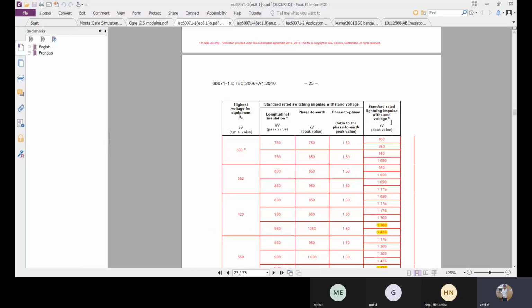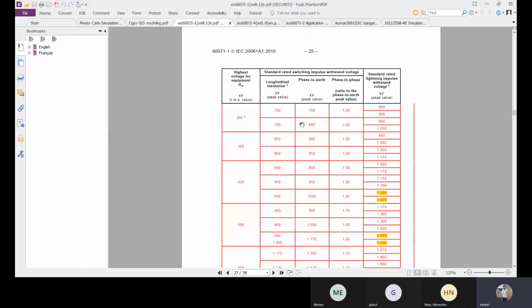It will be 1050 kV, the highest one. Then what will be the ratio of 1050 divided by 300? It will be in the ratio of 3.5.